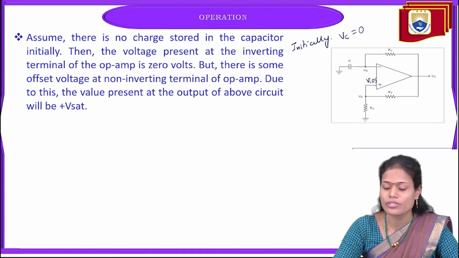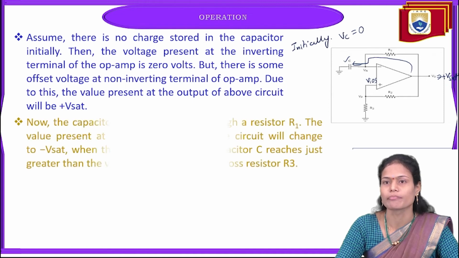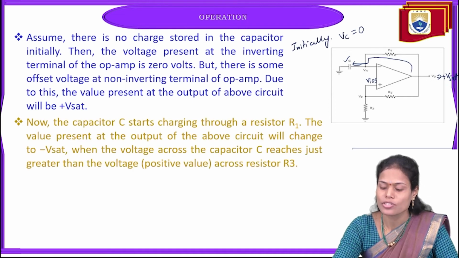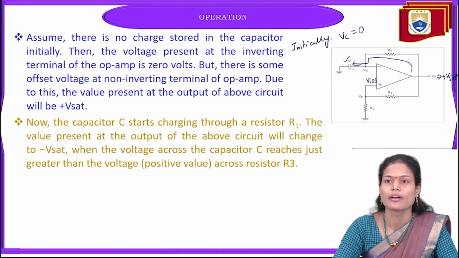Because of this offset voltage present at the non-inverting terminal, the output of this circuit will become plus Vsat. Why? Because it is connected to the non-inverting terminal. Once this output is plus Vsat, the capacitor starts charging through this resistance R1.